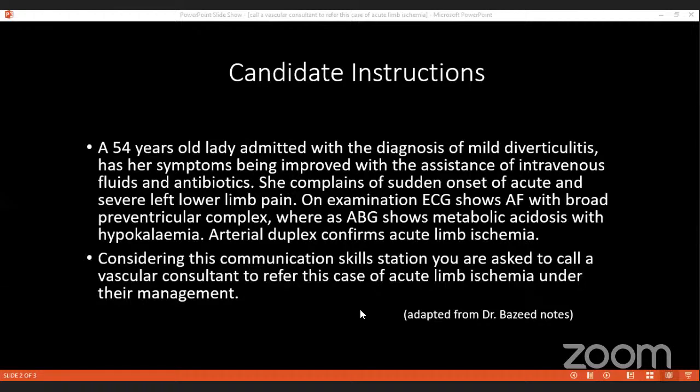So what do you think of her presumed diagnosis of diverticulitis? Most probably this is not a case of mild diverticulitis. Rather, it could be mesenteric ischemia.